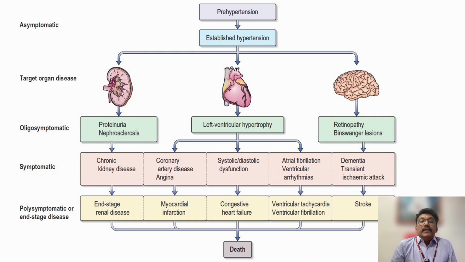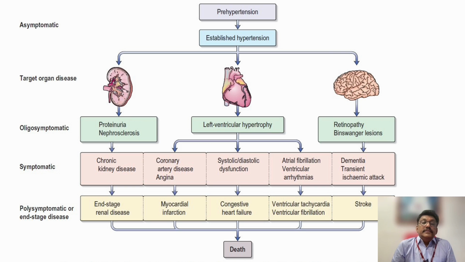Now, target organ damage. When we are discussing target organ damage, three important target organs we have to evaluate. One is kidney, the other one is heart, the third one is brain. Kidney patients can have nephrotic syndrome, chronic kidney disease, and end-stage renal disease.